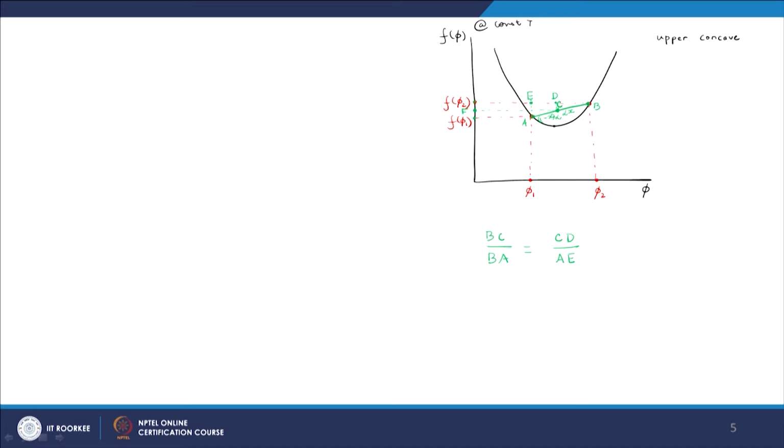Okay. Now, we know what BC is. BC is alpha multiplied by x, BA is alpha multiplied by x plus alpha multiplied by 1 minus x. So, it is alpha.